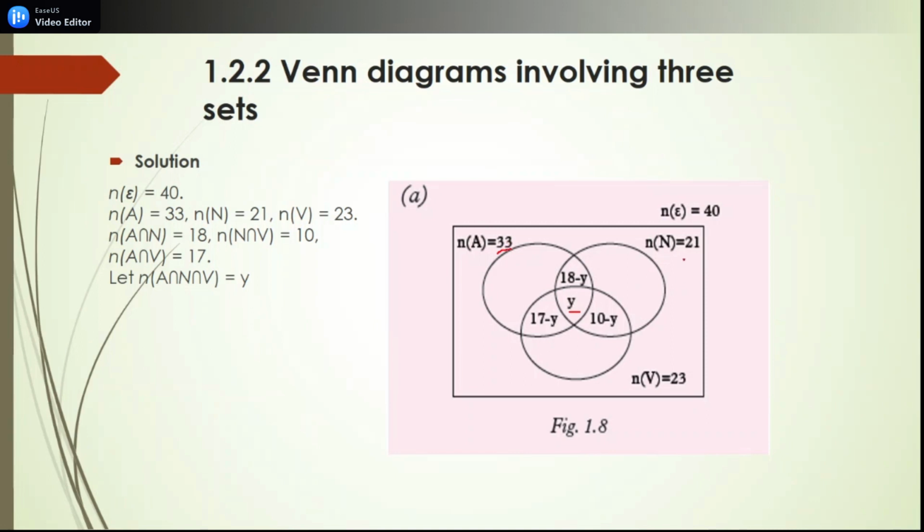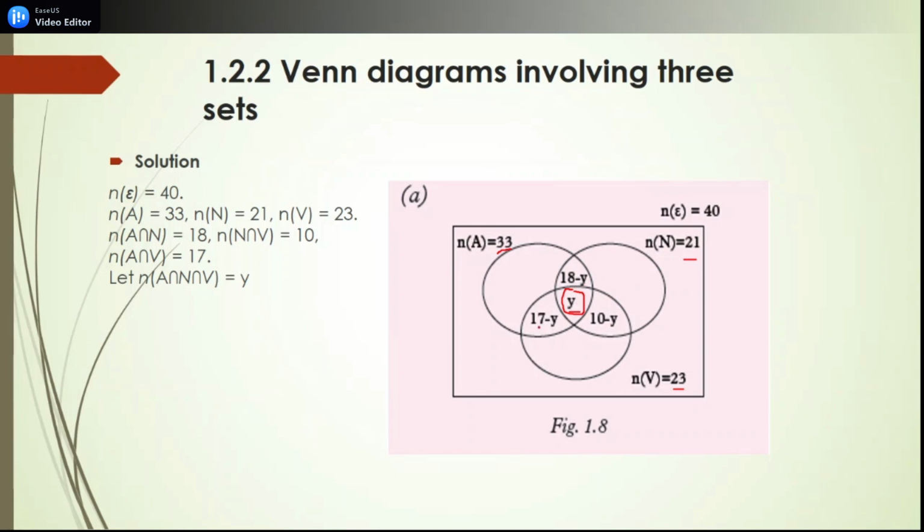Tourists who visited Nyungwe are 21. Tourists in Virunga Mountain are 23. Then the intersection we have y. To find the element in both, we take 18 minus y, because all elements visited both Akagera and Nyungwe are 18, but in those elements you also have the intersection.